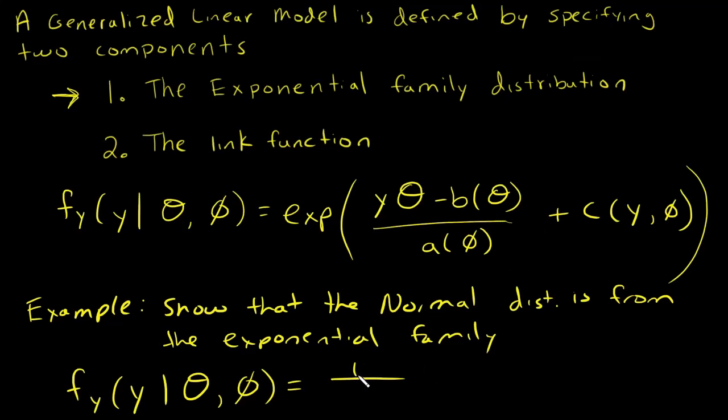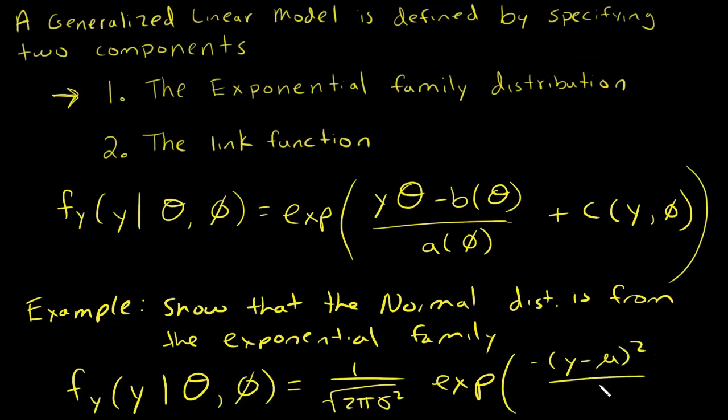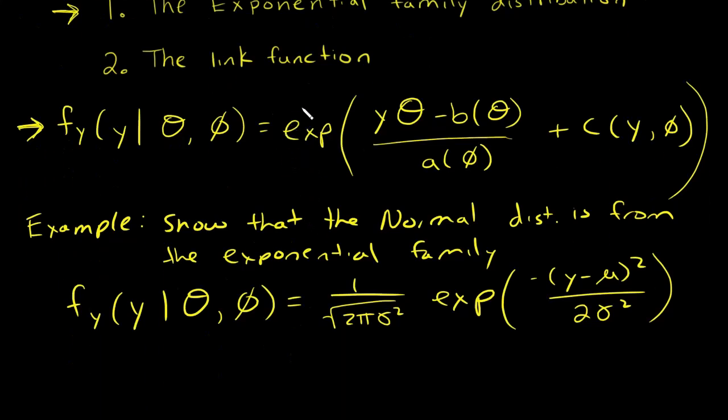Okay, so the normal distribution is 1 over the square root of 2 pi sigma squared times e to the power of negative y minus mu squared divided by 2 sigma squared. Okay, so this is the normal distribution. So how do I make it look like this exponential family distribution? Okay, first thing I need to do is I need everything to be in the exponent of e, right?